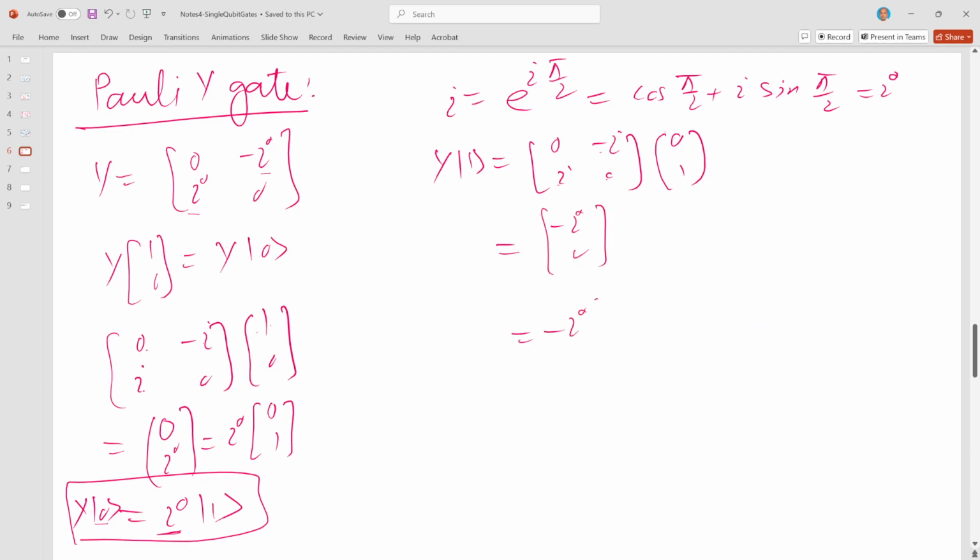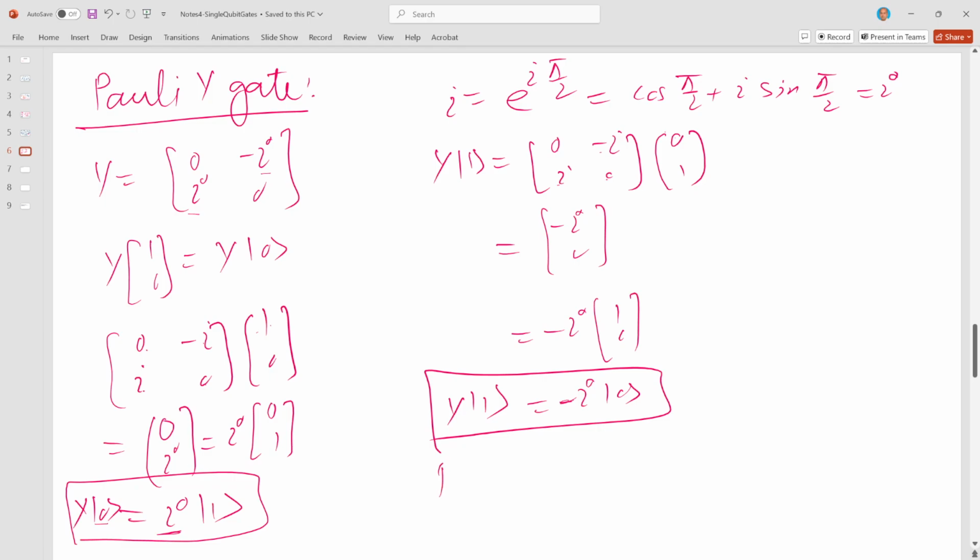So this is minus iota common. So it means the state has been flipped, but it has also been given a negative sign, unlike here. So this is a gate which is sort of doing both of these things together. So that's why sometimes this Y gate is also called phase flip gate. So this flips the phase, this gives a phase, and this also flips the state.